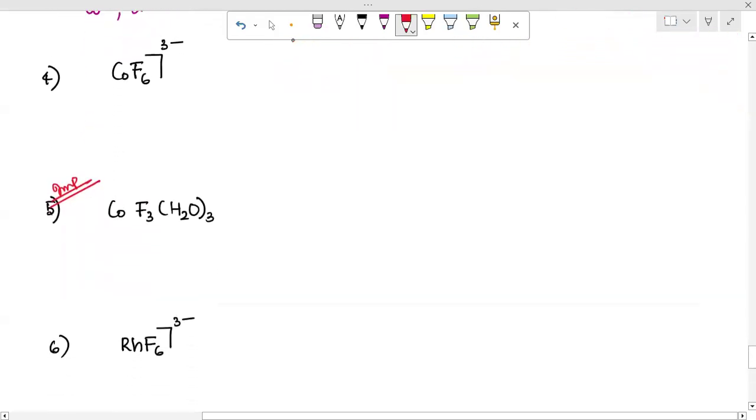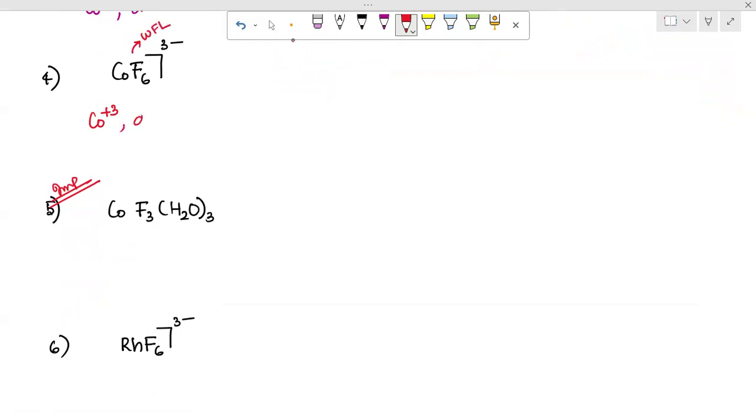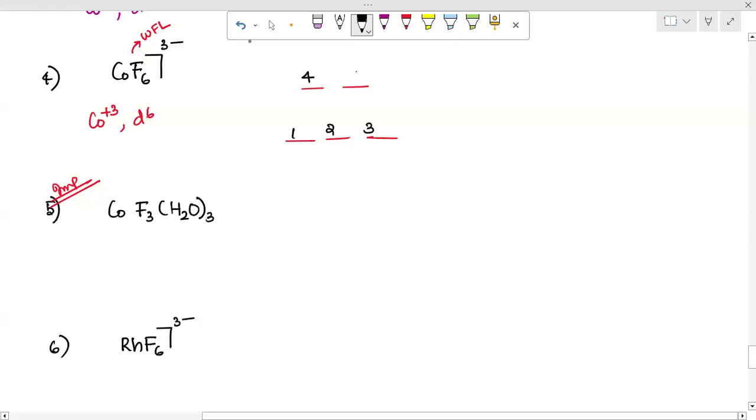good. Next, cobalt is plus 3 over here. Fluoride, along with cobalt plus 3, will act as a weak field ligand. And here the configuration is d6. So now you have t2g and eg with a very small gap because it is a weak field ligand. 1, 2, 3, the fourth electron can easily jump because it is a weak field ligand. Splitting would be low.